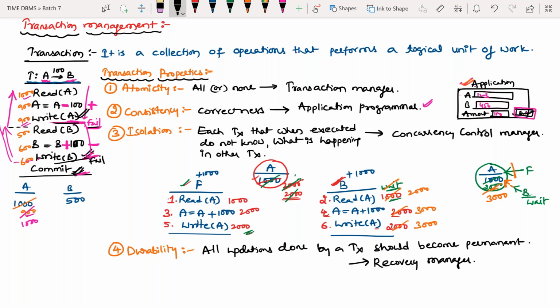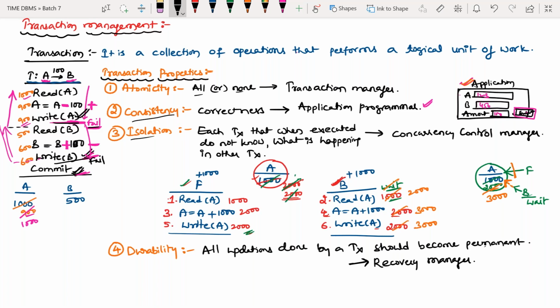The responsibility is the transaction manager. If neither all operations nor none of the operations are executed, that state is incorrect. We call it inconsistency. That inconsistency may be caused by the isolation property. If inconsistency occurs, updates do not become permanent. Then we require the help of the recovery manager so that it will recover the database state that existed before the failure occurred.